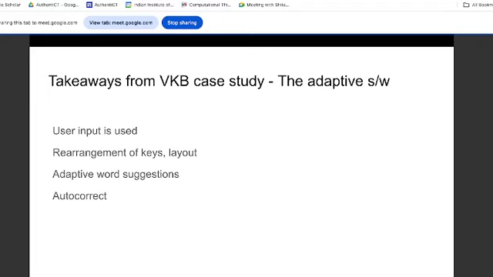But here in the adaptive software, we see a lot of suggestions, adaptive word suggestions, and autocorrect, and user input gets used to rearrange the keys and layout of the system, so that you can predict the words that the user types a lot, and then suggest them the same wording. So that is the way in which adaptive software or the adaptive computational models work.